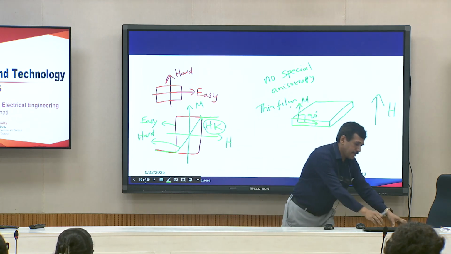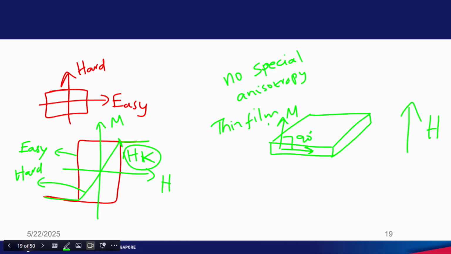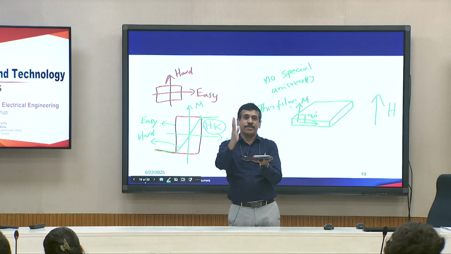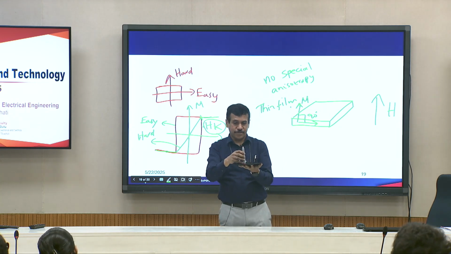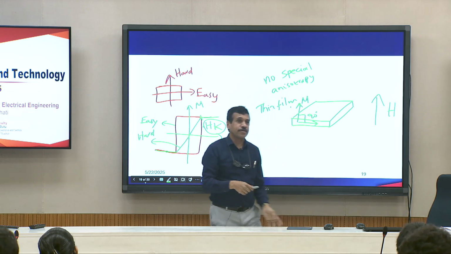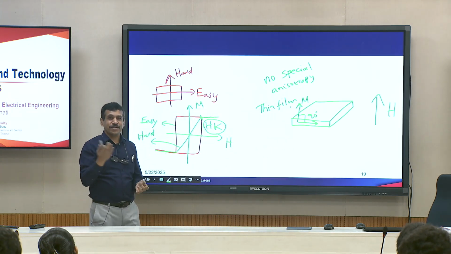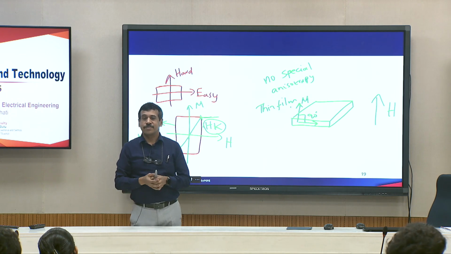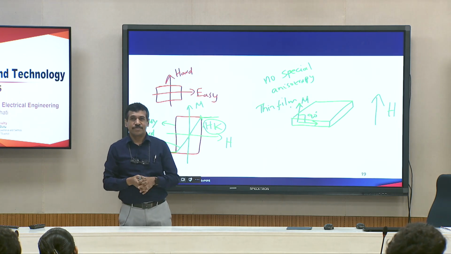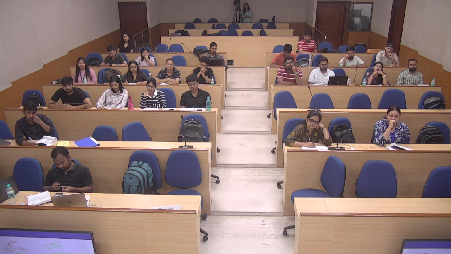Initially the magnetization is parallel to this plane, but I apply a magnetic field in the perpendicular direction. So, at some field it will come to the perpendicular direction. So, what is that field? I did not teach you, so you may not know, but you can guess. Okay, I did not teach you, so it is okay.